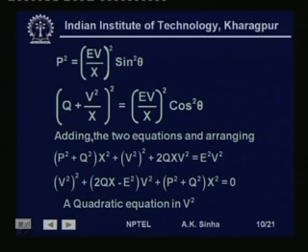Now, rearranging this equation, we will get this as (P square plus Q square) into x square plus (V square) square plus twice Qx into V square is equal to E square V square.